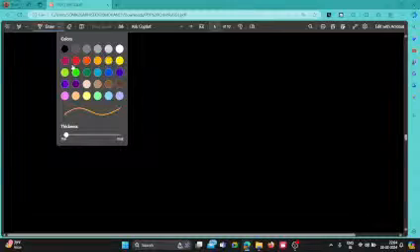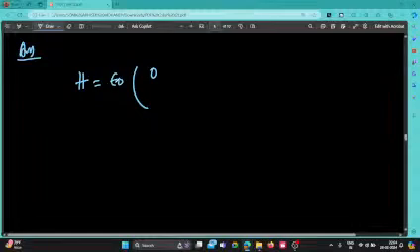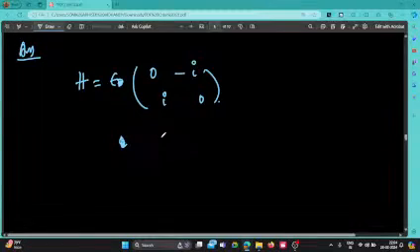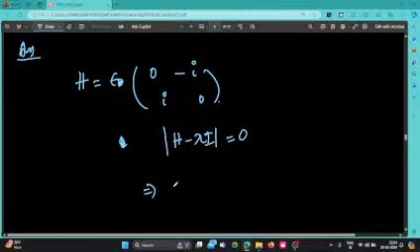Here we are given the Hamiltonian H equal to epsilon times (0, -i; i, 0). We want to find the eigenenergies E1 and E2 to know the probabilities of measuring these energies. We follow the well-known procedure: determinant of H minus lambda I equal to 0, with epsilon outside.